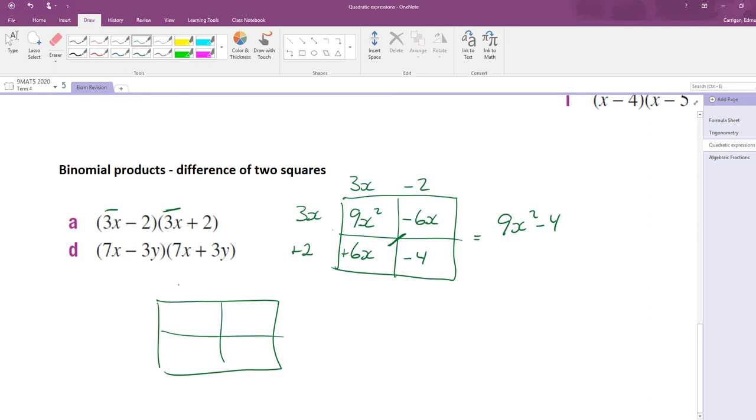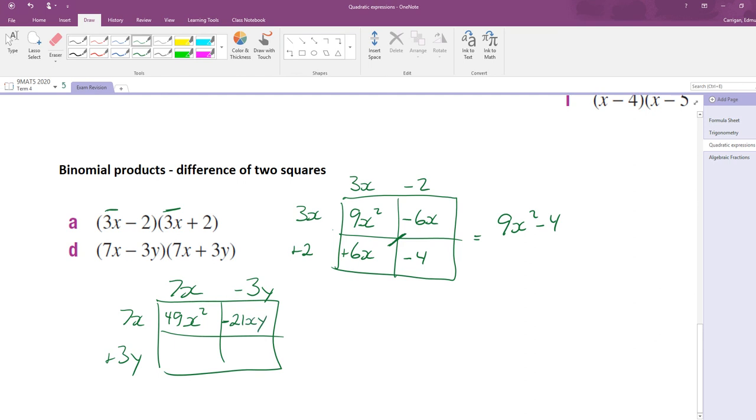Last one, same thing, 7x minus 3y, 7x plus 3y, 7 times 7 is 49, x times x is x squared. The minus sign is going to come in. 3 times 7 is 21, xy, smash it together.